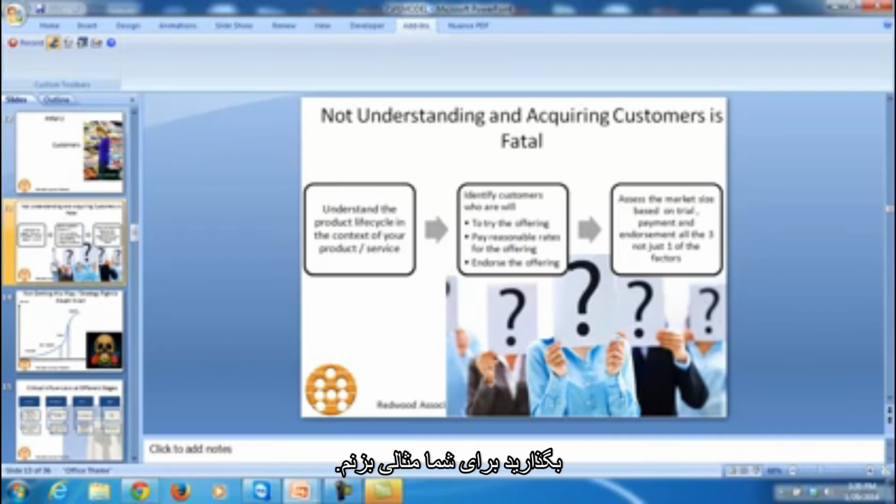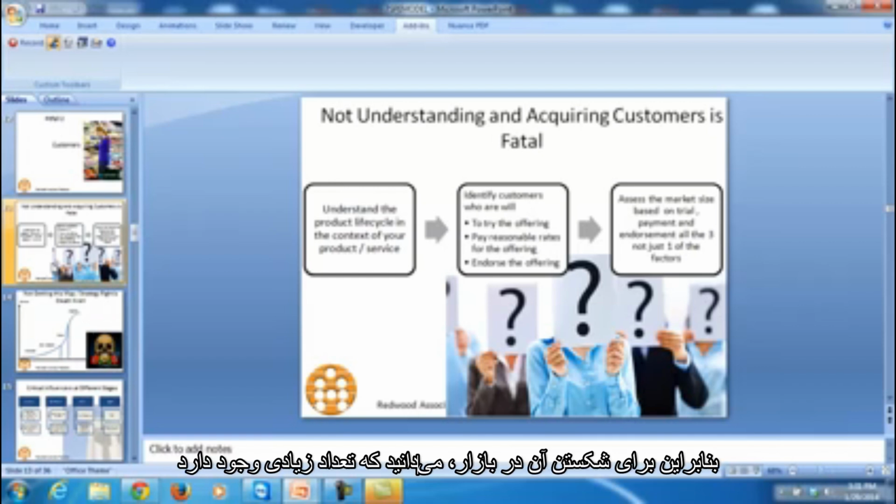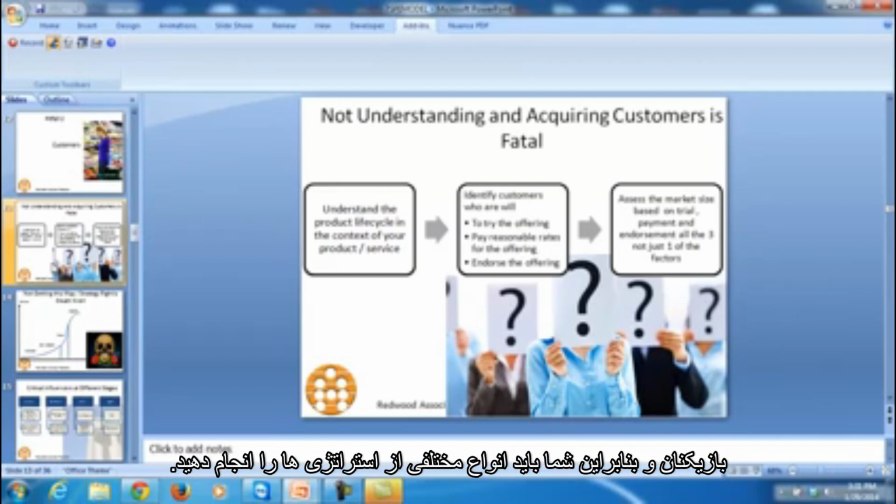Let me give you an example. If you are in the business of formal footwear, it is an ancient business. So, to crack it in the market, you know that there are many established players, and therefore you need to adopt different kinds of strategies.